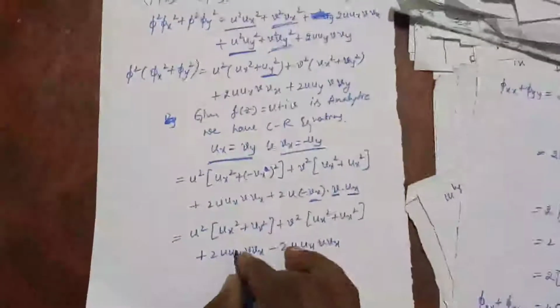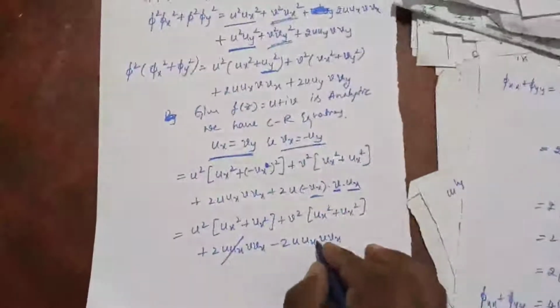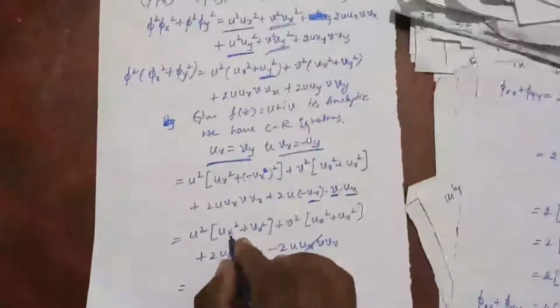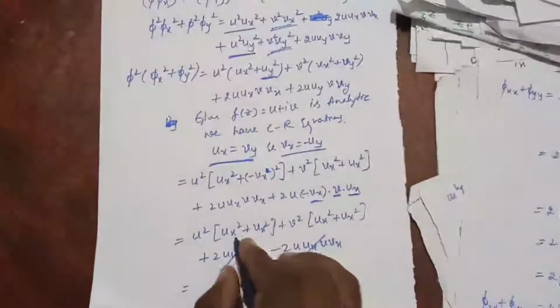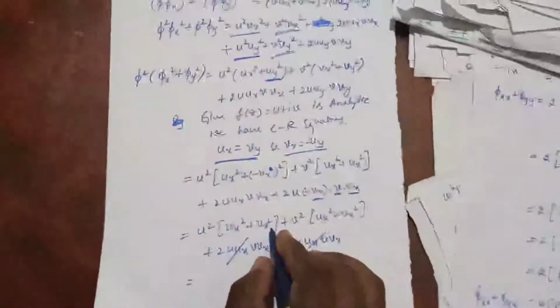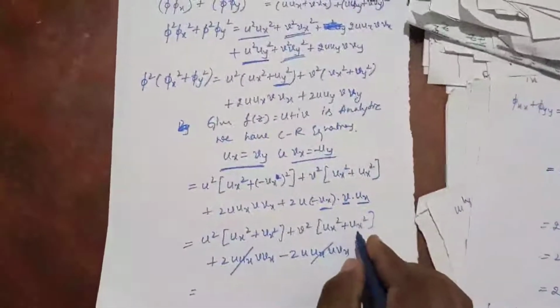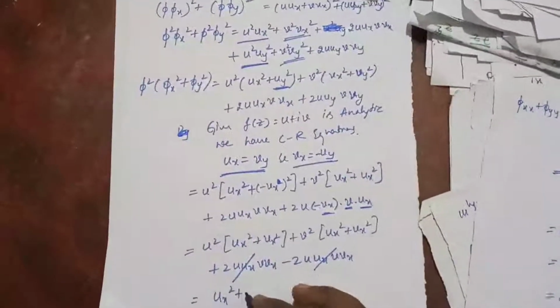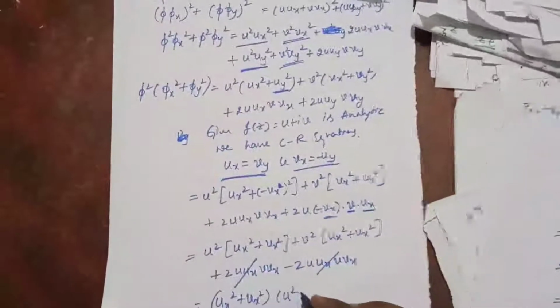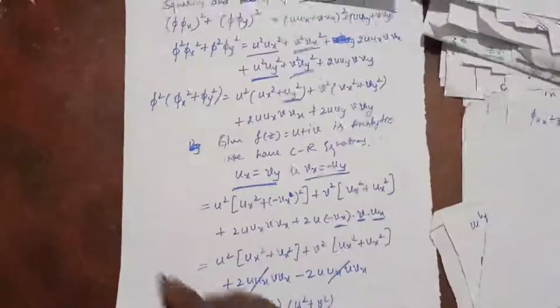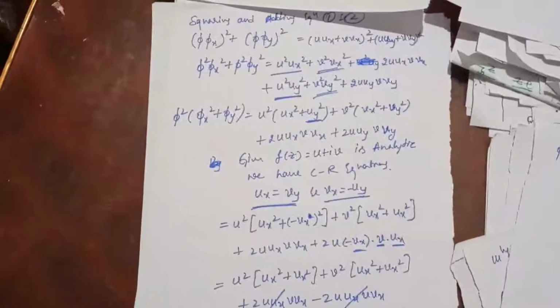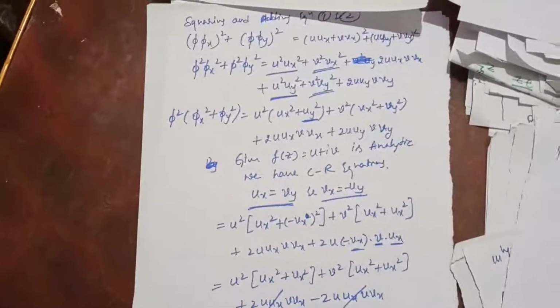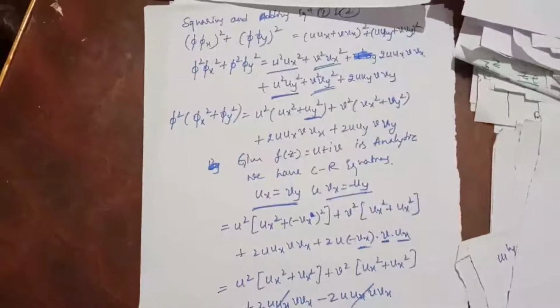Now these two get cancelled. So u x square plus v x square is common, and we are left with u square plus v square. This is our phi square times phi x square plus phi y square.